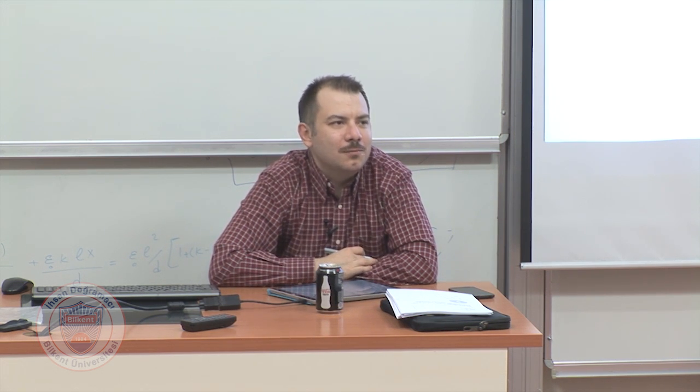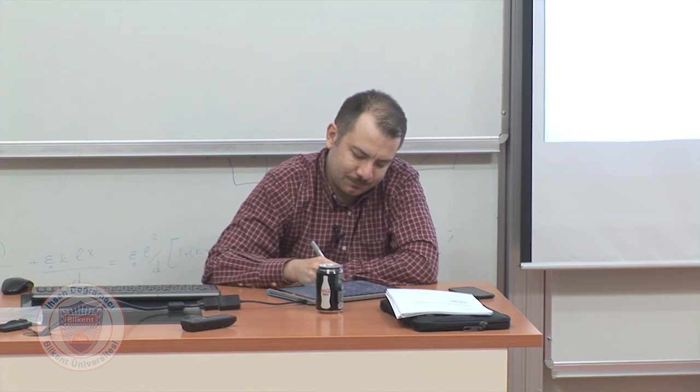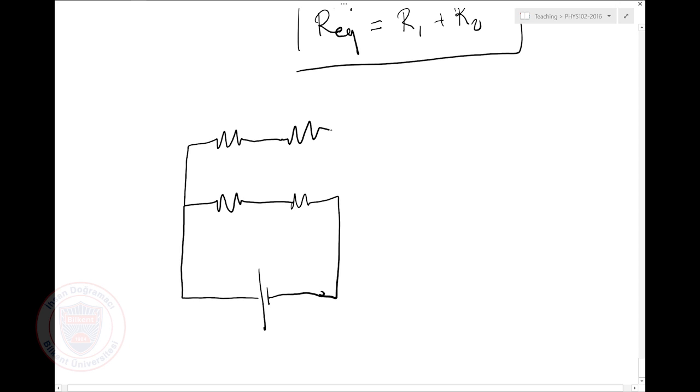Now, what happens if I have a more complicated circuit? Let's say I'm trying to draw a circuit. One ohm, 2 ohms, 2 ohms, 1 ohm, and 1 ohm.